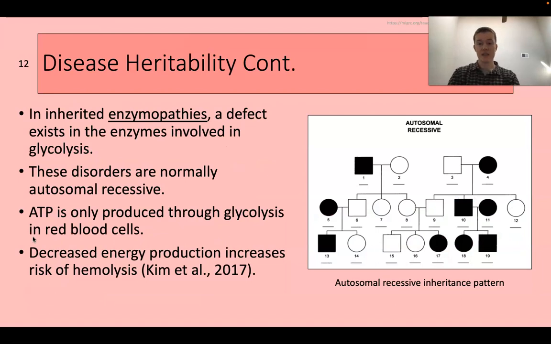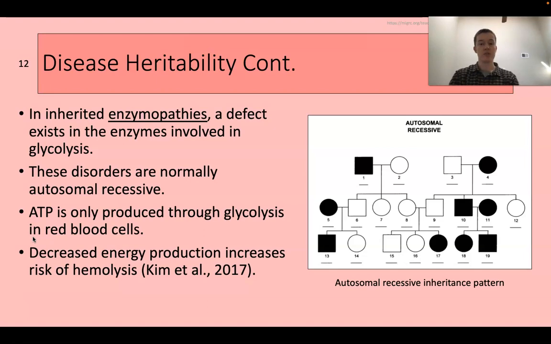In inherited enzymopathies, there's a defect in the enzymes involved in glycolysis. ATP is only produced through glycolysis in red blood cells, and as a result, damage to any of the enzymes involved in glycolysis risks affecting the red blood cells' energy balance. And the reduced ability to withstand biological stresses increases the risk of hemolysis, or the rupture of red blood cells.